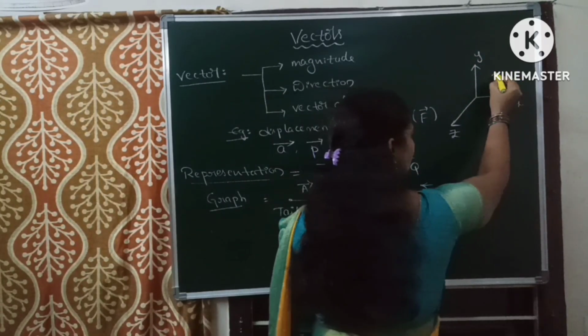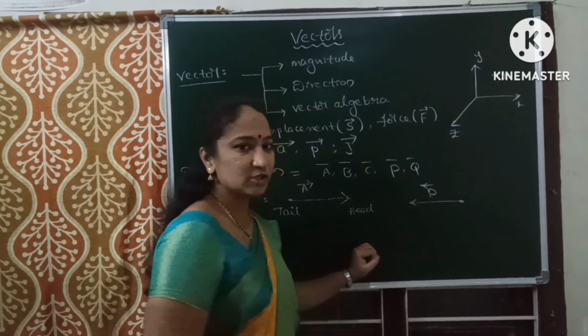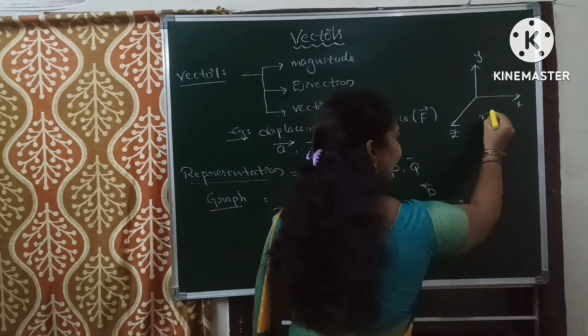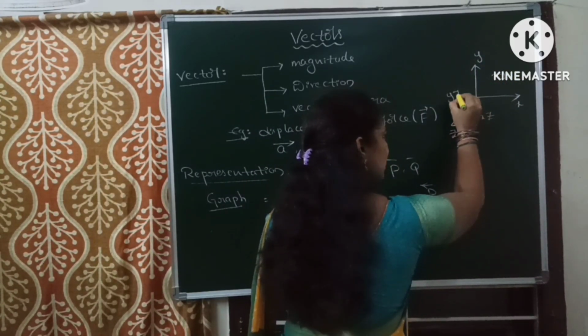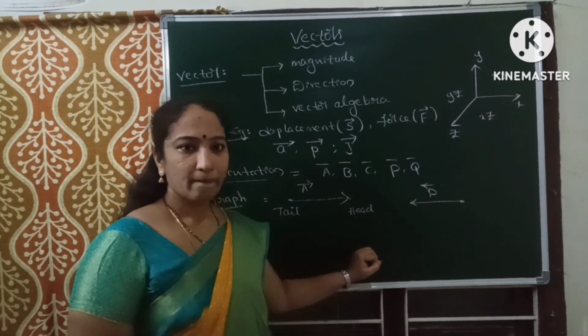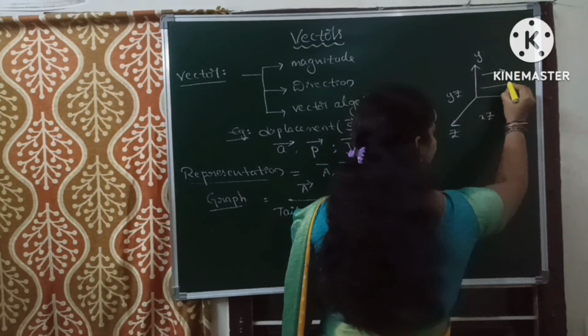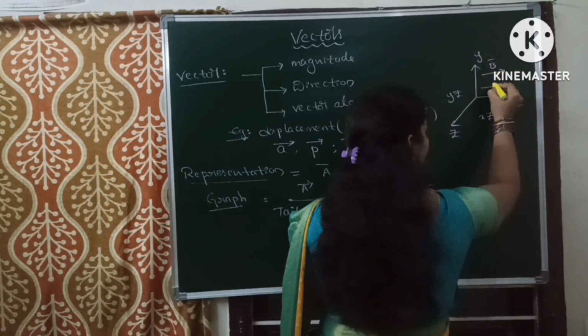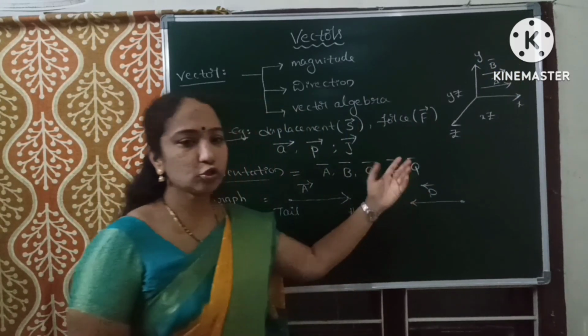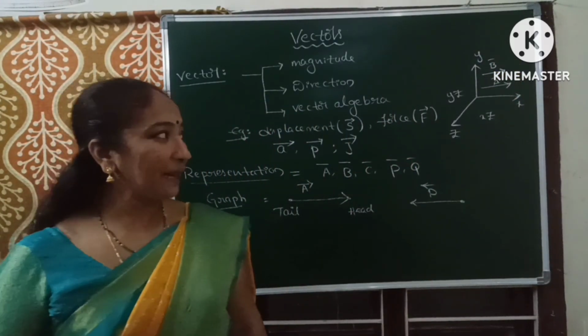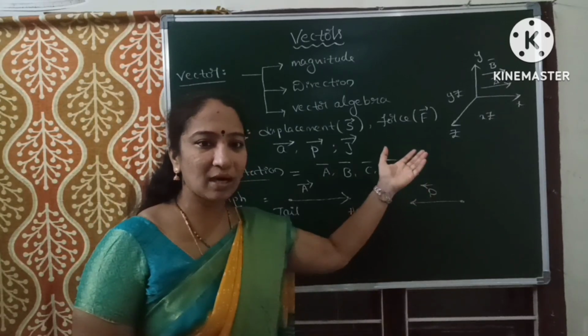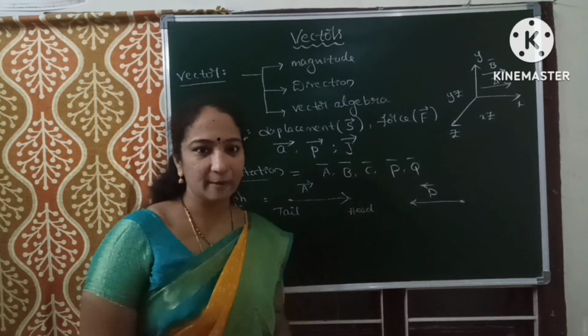So here this plane is called the xy plane, and it is called the xz plane, and it is called the yz plane. If two vectors here I considered, for example, a bar and b bar, I considered here, those two are called coplanar vectors because both lie in the same xy plane.